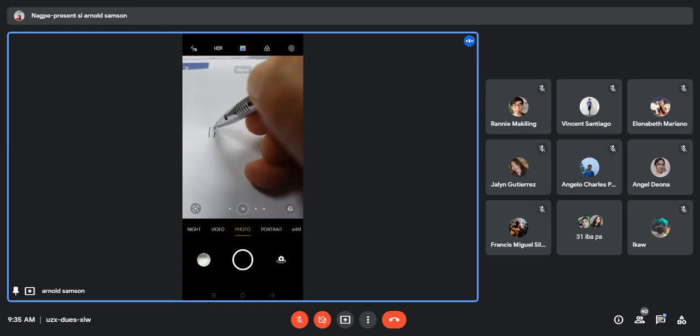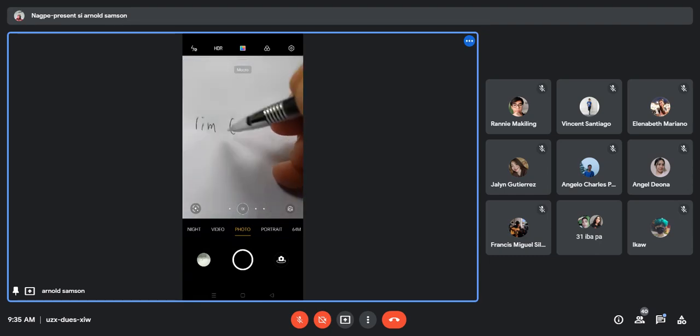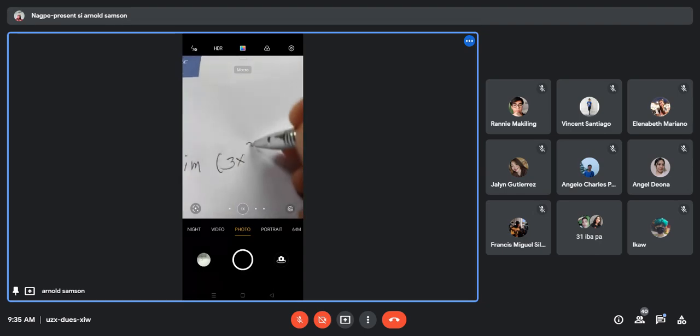Okay, let's say the limit of 3x squared minus 2x plus 1 when x approaches 2, for example. So, how do we evaluate?